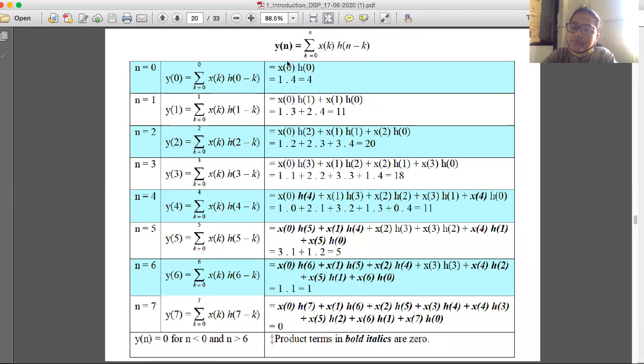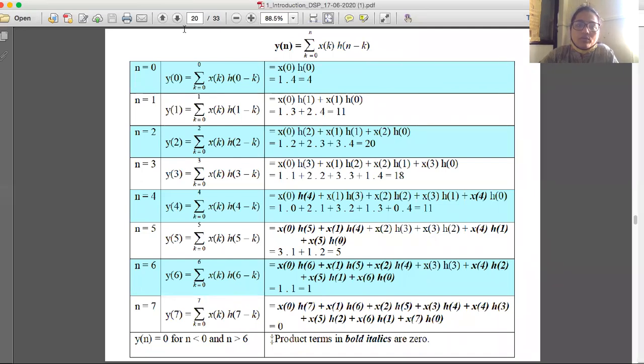In order to find the output y of n by using the convolution formula, y of n equals summation k varies from 0 to n, x of k into h of n minus k. So this is the formula with which one can find the convolution.